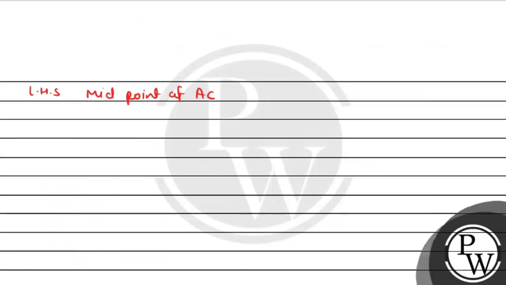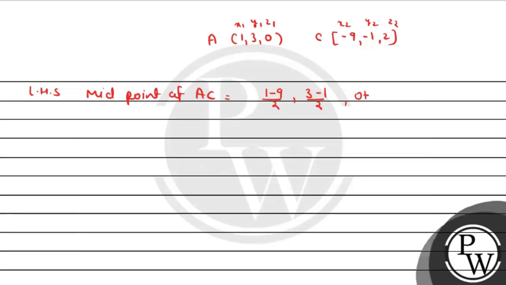So the midpoint of AC will be x1 plus x2 upon 2, and so on. The coordinate of A here is 1, 3, 0, and the coordinate of C here is -9, -1, 2. So this is our x1, y1, z1, and this is our x2, y2, and z2. So from here we can write (1 minus 9 upon 2, comma 3 minus 1 upon 2, and comma 0 plus 2 upon 2). That is the coordinate of the midpoint of AC.